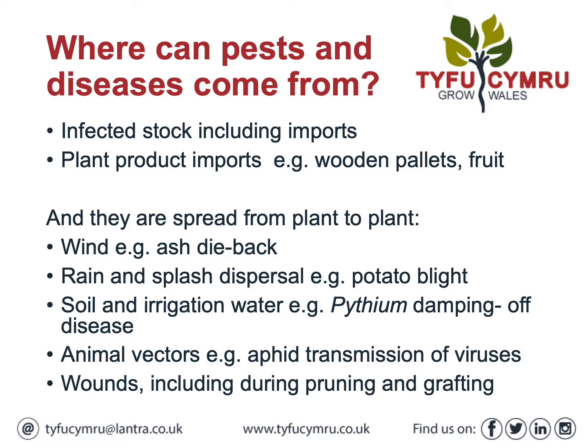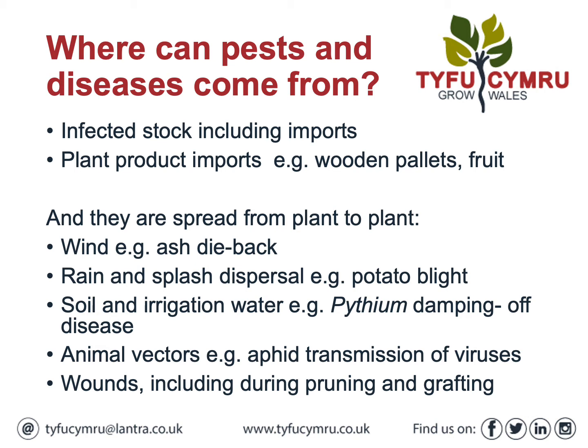So that's the strategies, but to begin with, we need to understand where pests and diseases can come from. Well, they can come from infected plant stock, so within country, but particularly importantly from imports. But it's not just plants themselves, it can be from plant products imported, so things like wooden pallets or fruit.